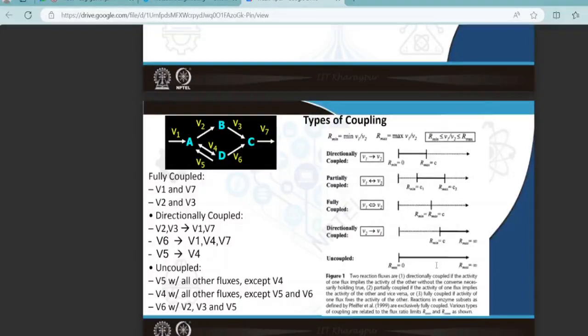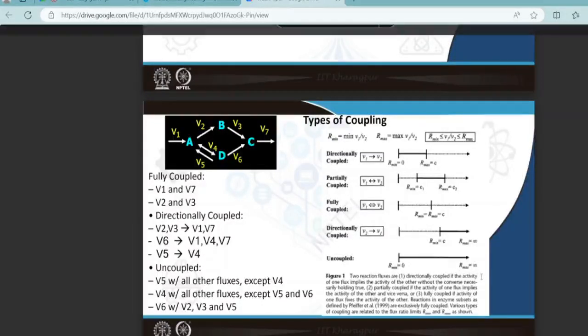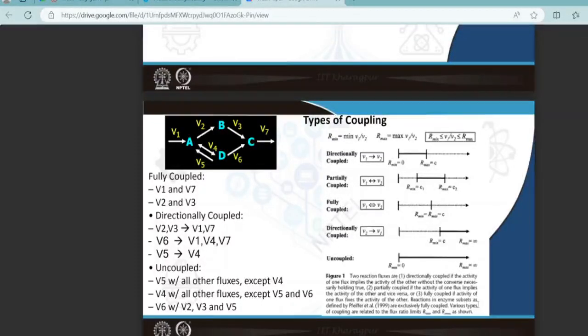Whereas in an uncoupled reaction, because they realistically do not interact, the Rmin is zero. But I am unsure why the Rmax is infinity in an uncoupled reaction. I am not sure about the uncoupled reaction having Rmax equal to infinity.